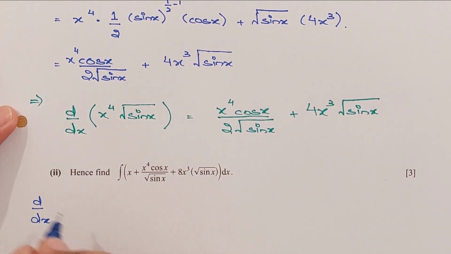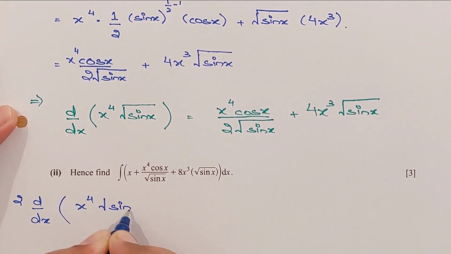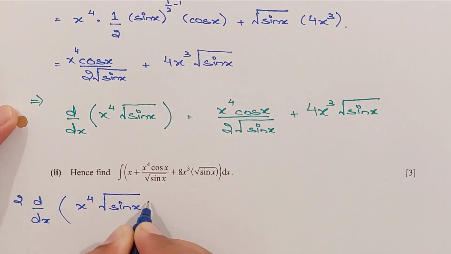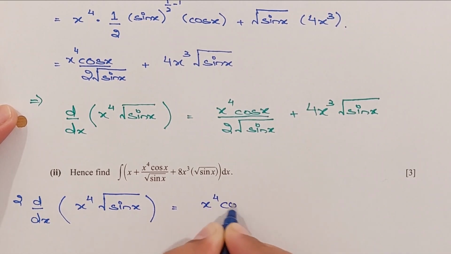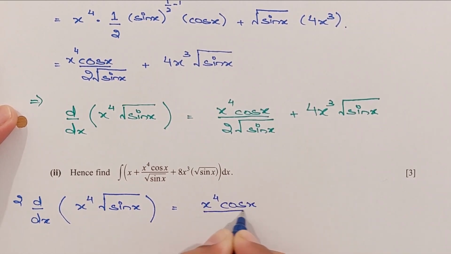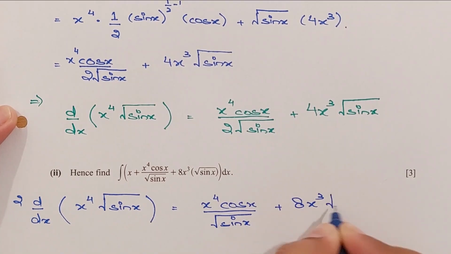Yeah, right, we are multiplying by 2 on both sides. So 2 and x4 square root of sine x equals, we have to multiply by 2, so you have just x power 4 cos x divides square root of sine x, and multiplying by 2, 4 times 2 is 8x cube square root of sine x.